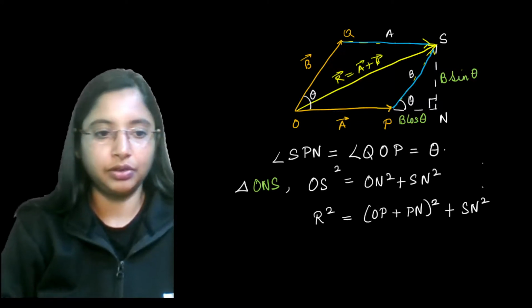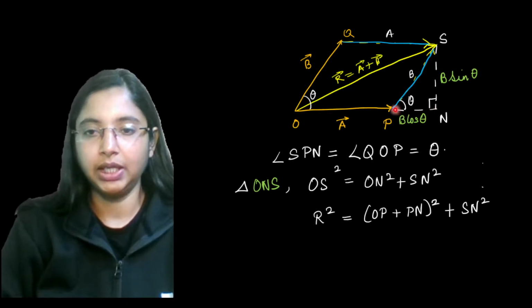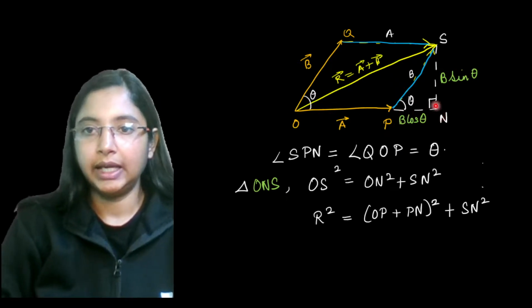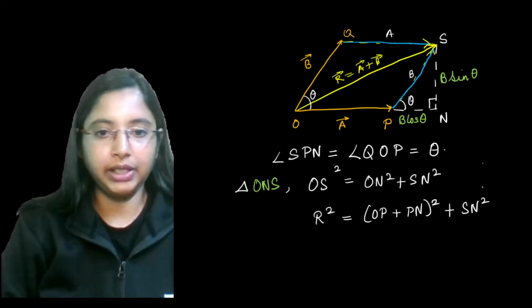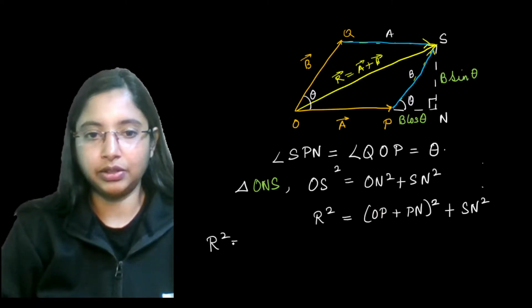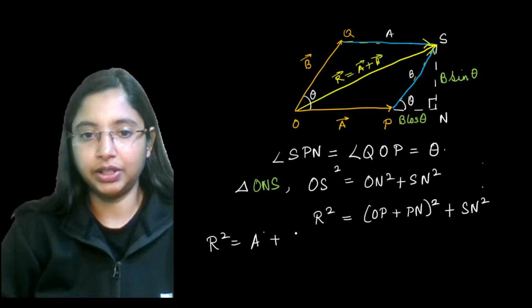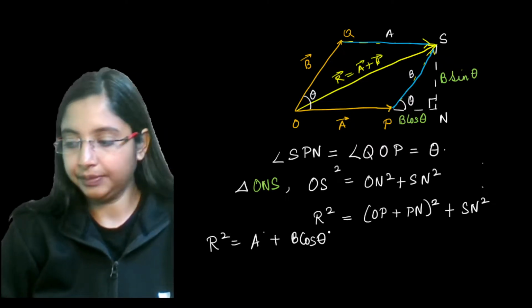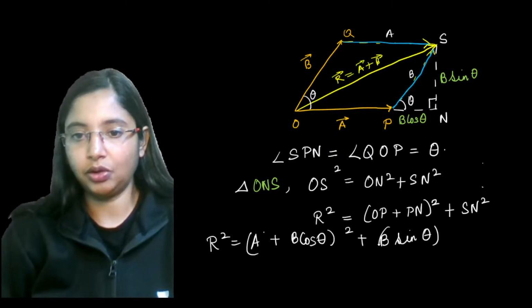So OP over here is nothing but the A vector, that is A, plus PN, which is B cos theta, the whole square, plus SN, which is nothing but B sin theta, the whole square.